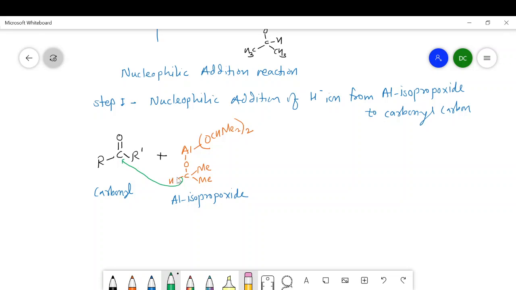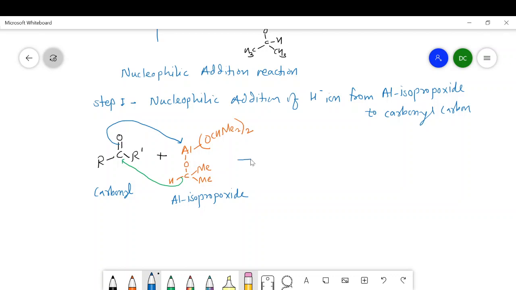Therefore, there is a transfer of hydride ion from this carbon to this carbon, a nucleophilic addition, and it is converted into O minus, which forms a bond with this aluminum because aluminum is positively charged. In this way, the transfer of hydride ion takes place to form a mixed alkoxide.